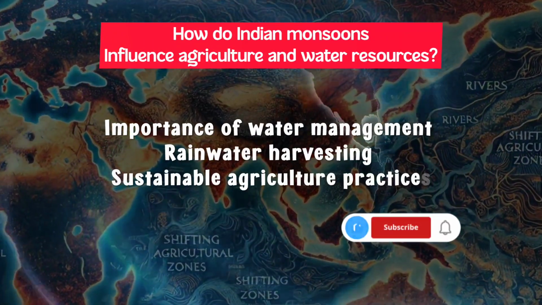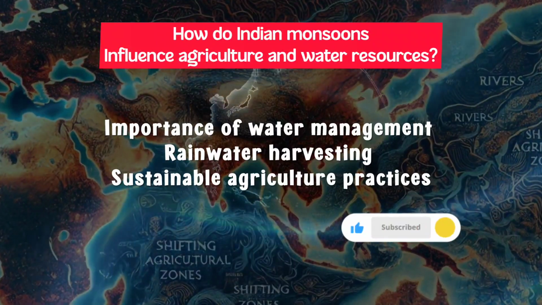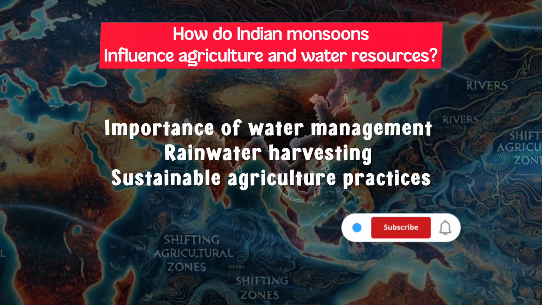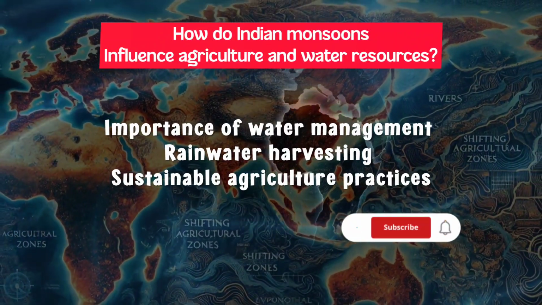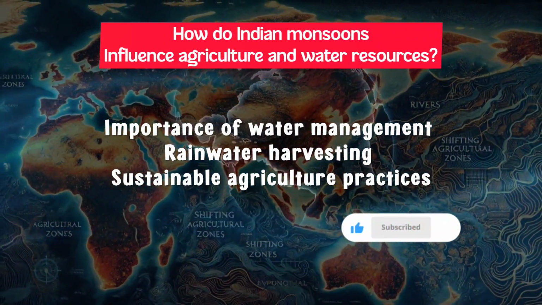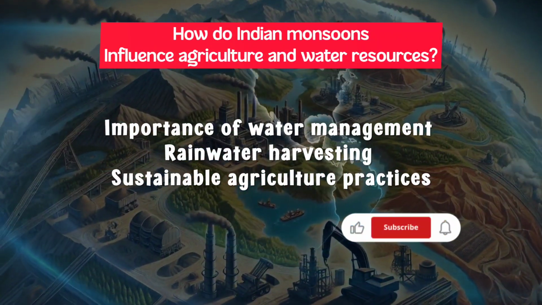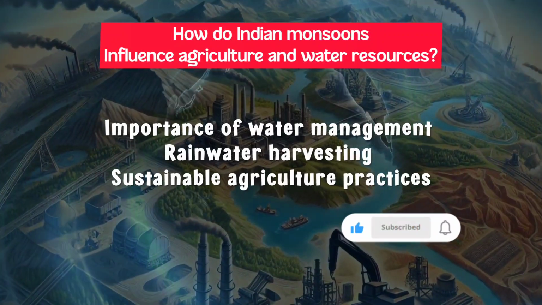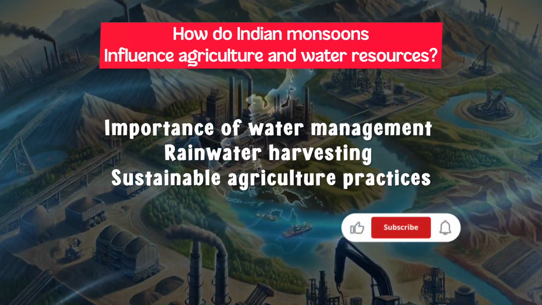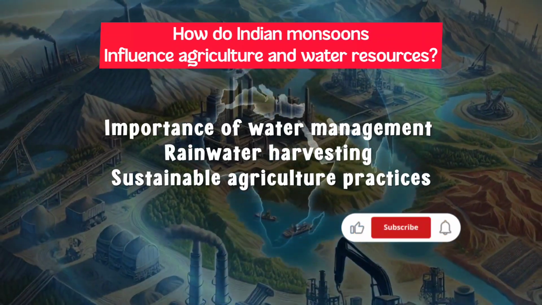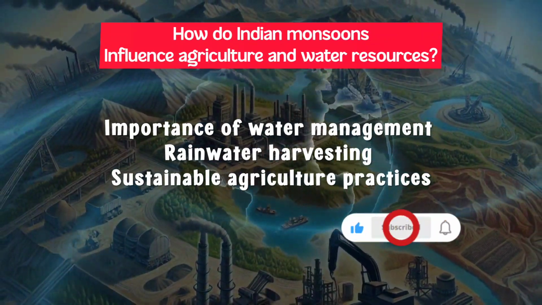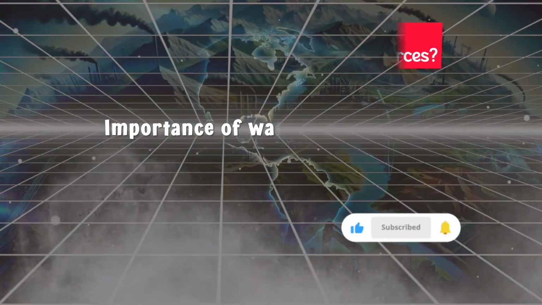The unpredictable nature of the monsoon underscores the importance of water management, rainwater harvesting, and sustainable agricultural practices to minimize risks and ensure the optimal use of monsoon resources. In an agrarian economy like India, the monsoon continues to be both a source of hope and a reminder of the vulnerability of agricultural communities, influencing not just food production but the well-being of millions of people across the country.